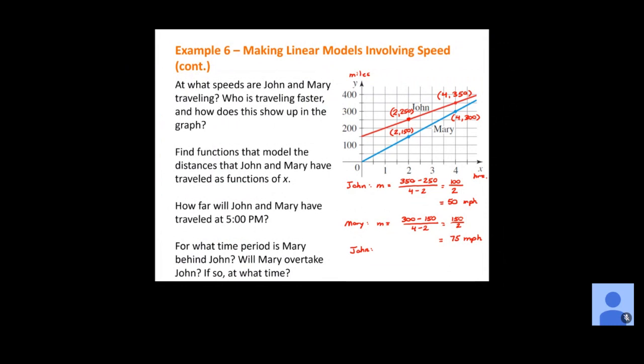What's the form of the equation going to actually be this time? So we have the slope for John's equation, right? But we don't have the entire equation yet.